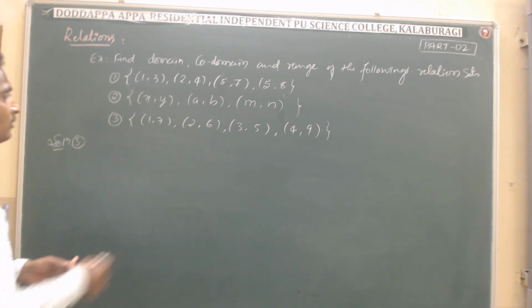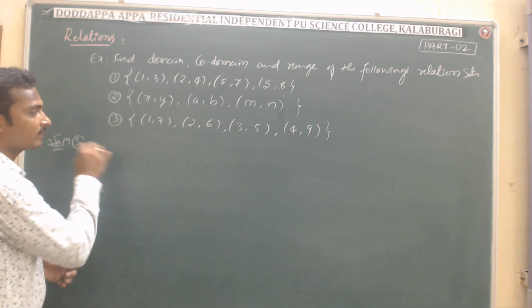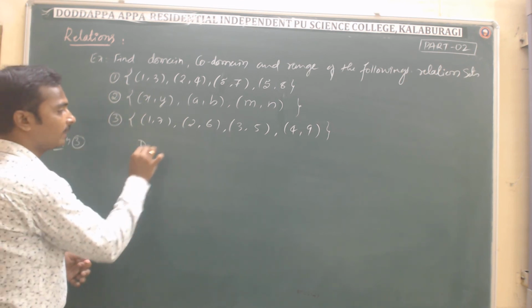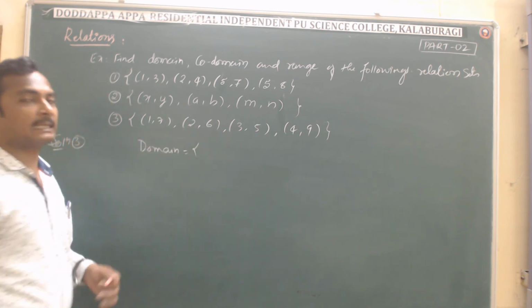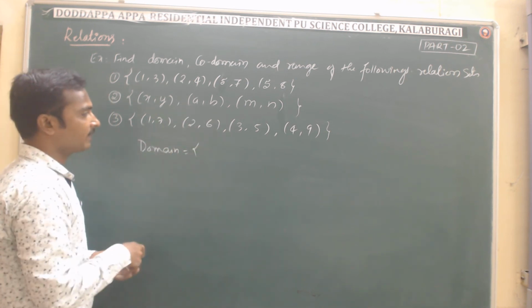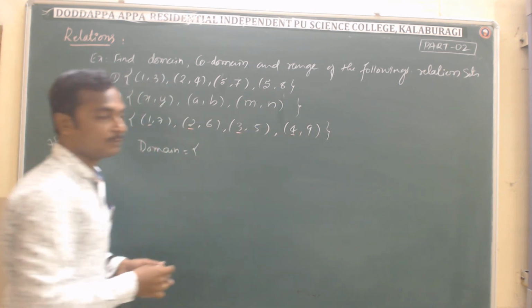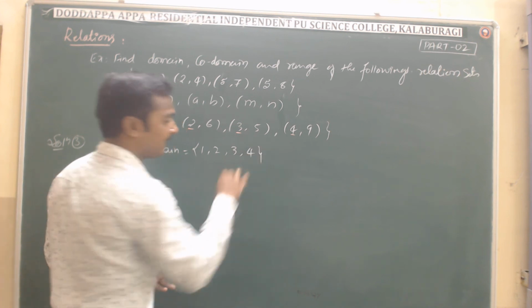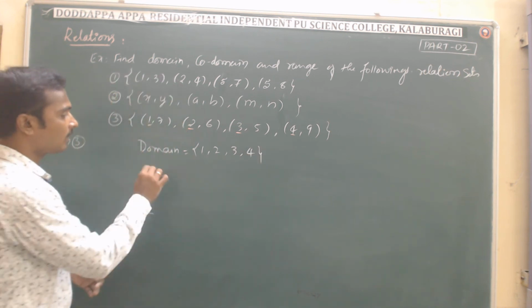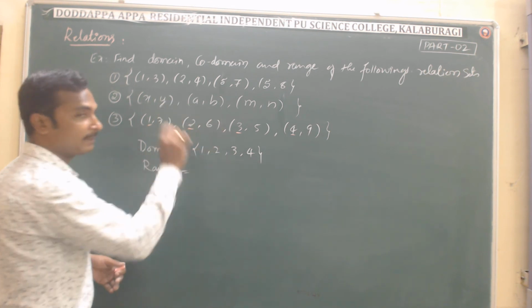Okay, students. Let's go for this third example. Directly I am taking the solution for this. What is the domain for this? Every first element in the ordered pairs. Let's mark 1, 2, 3, 4. So 1, 2, 3, 4 are the first elements in each ordered pair. Next, what is the range? Range is nothing but every second element in the ordered pair.